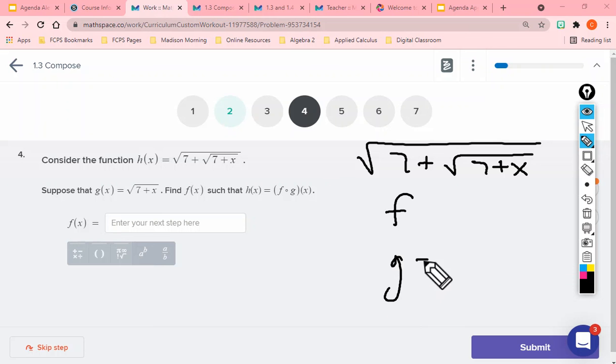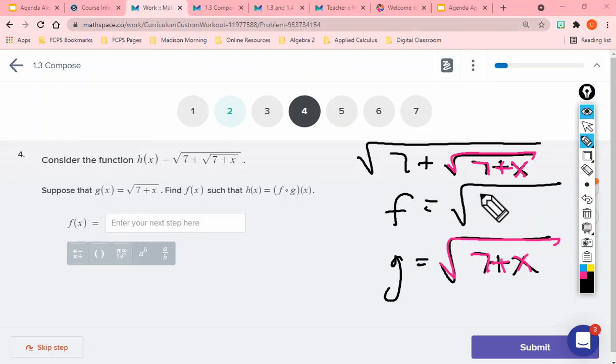F and G. All right, so I'm gonna actually put this part in pink, and I'm gonna put this part in pink to help me recognize it. So if that's replaced, that leaves me with 7 plus the pink part. They actually happen to be the same thing, and that's okay. You can compose 2 of the same functions.